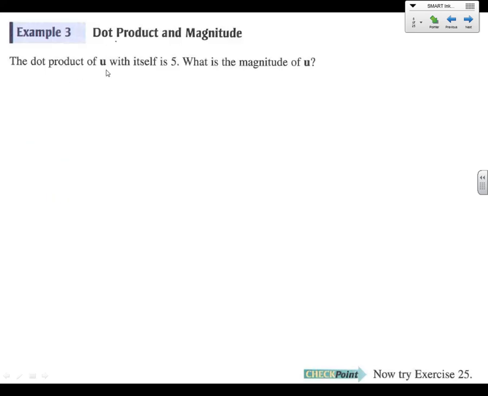All right. The dot product of U with itself is 5. What is the magnitude of U? So let's jump back into that formula we had. Dot product of U with U equals 5. And remember the formula for a dot product of a vector with itself is the magnitude squared. So we can say the magnitude squared equals 5.